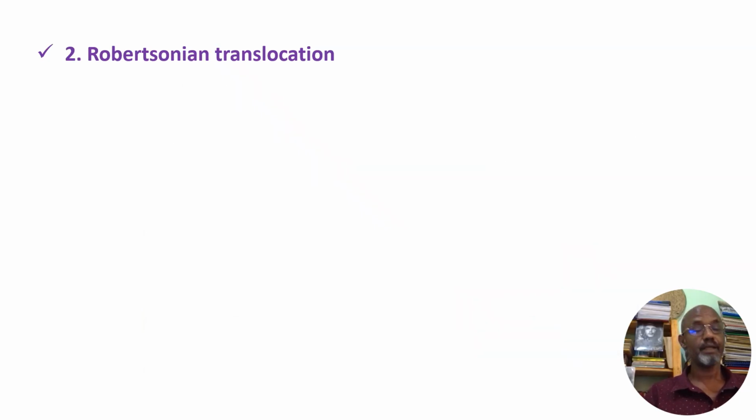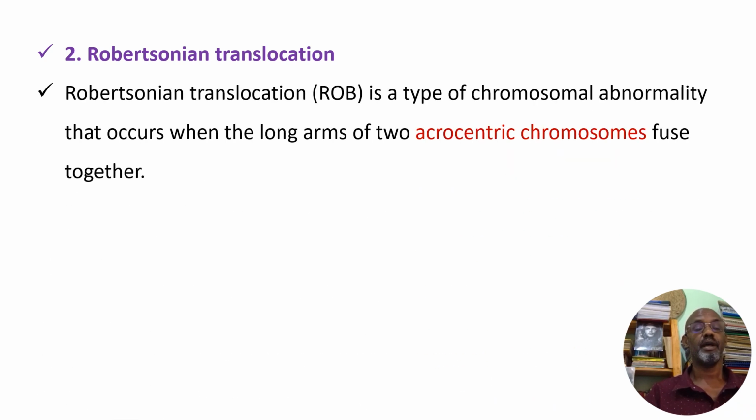The other is Robertsonian translocation. Very important, very important. Robertsonian translocation, short ROB, is a type of chromosomal abnormality that occurs when the long arms of two acrocentric chromosomes, non-homologous acrocentric chromosomes, fuse together.